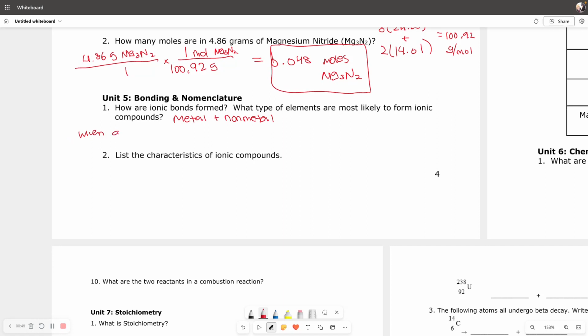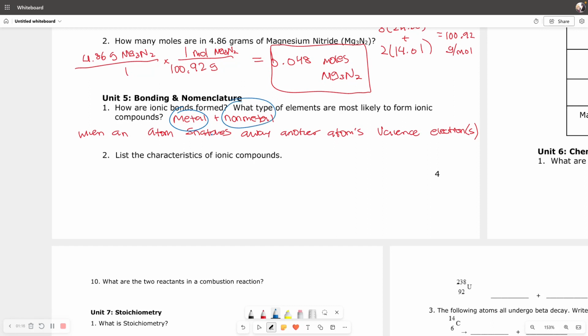When an atom snatches away another atom's valence electron or electrons, plural.